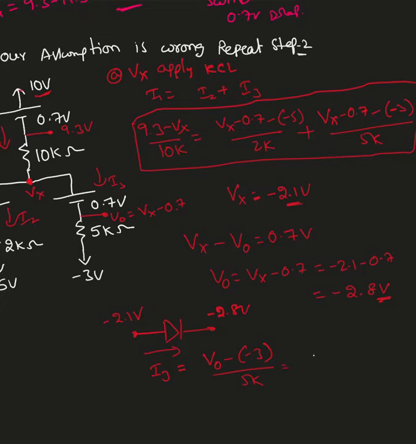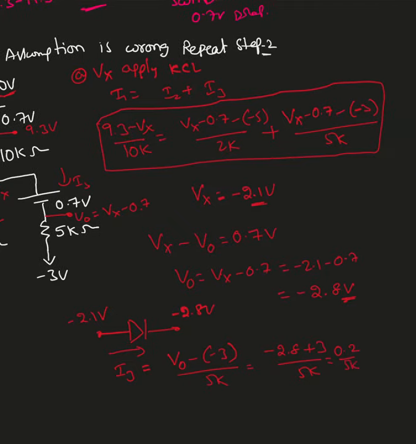So that is going to be negative 2.8 plus 3, divided by 5K, which is 0.2 divided by 5 kilo ohm. That will give me 0.04 milliampere. So there is some current passing through this diode. That current is passing from anode to cathode. So our assumption is right. That's how we verify our calculations.